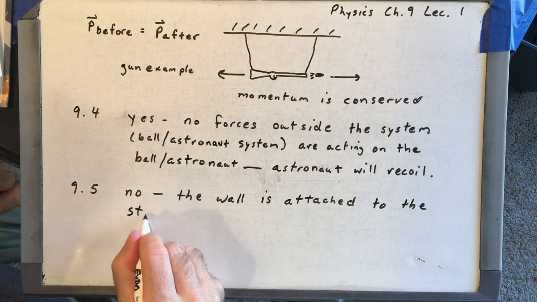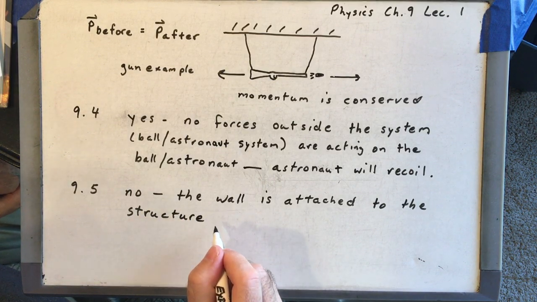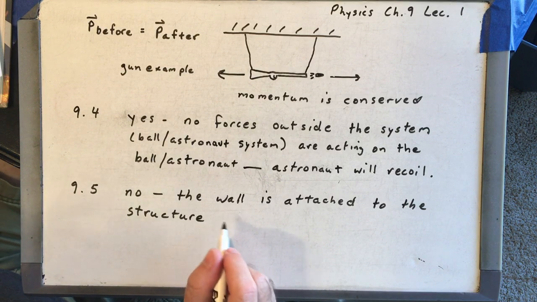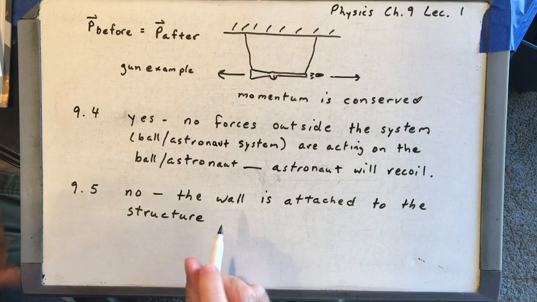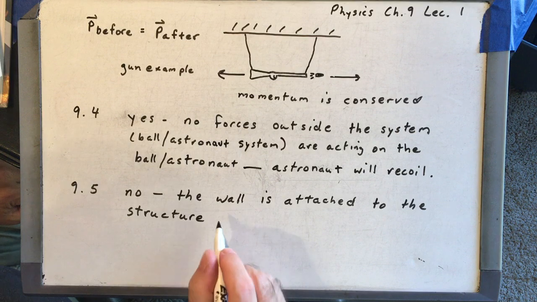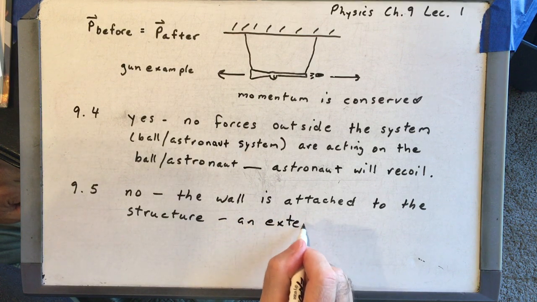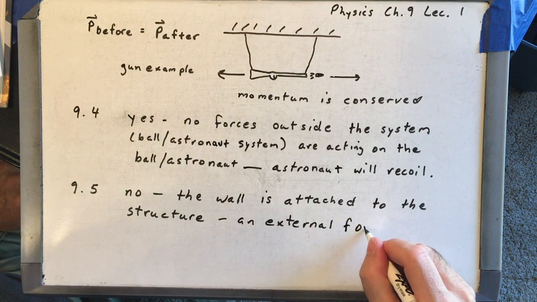If it were a wall on wheels, like that big whiteboard in the gym that's on wheels, then momentum conservation would certainly more apply. There's still some friction involved, but a wall is attached to the foundation, right? And that's an external force. So momentum conservation doesn't apply.